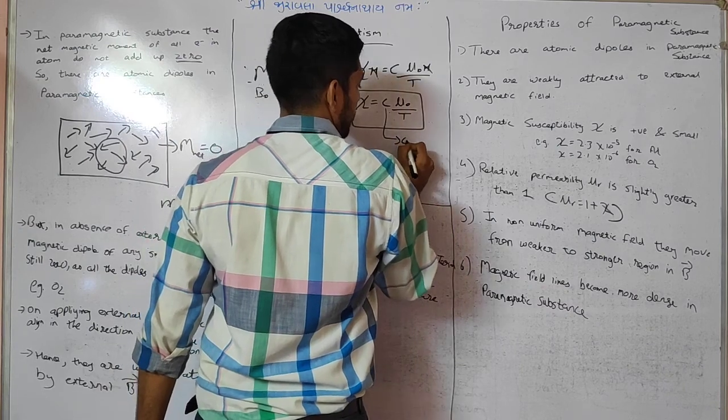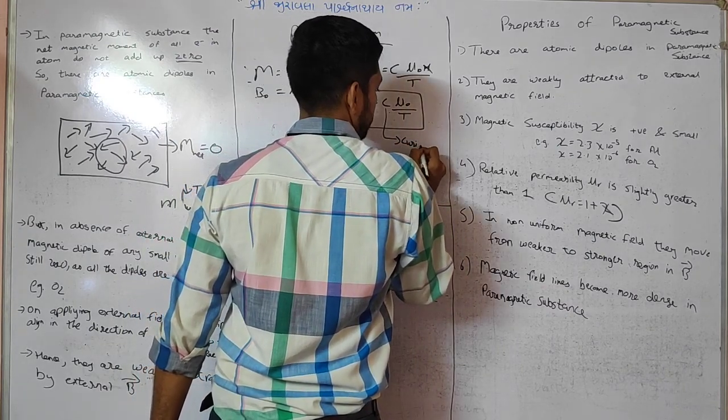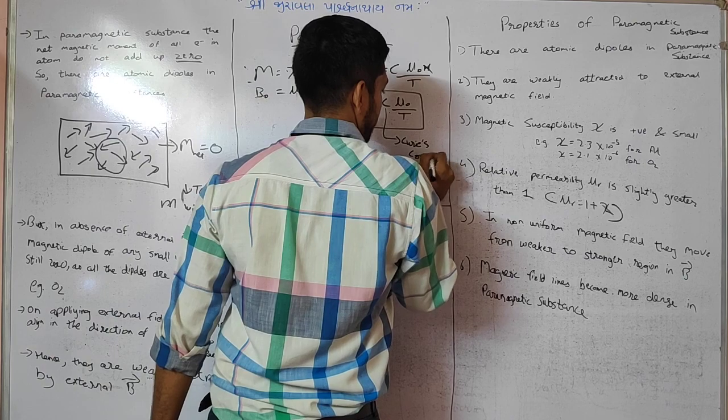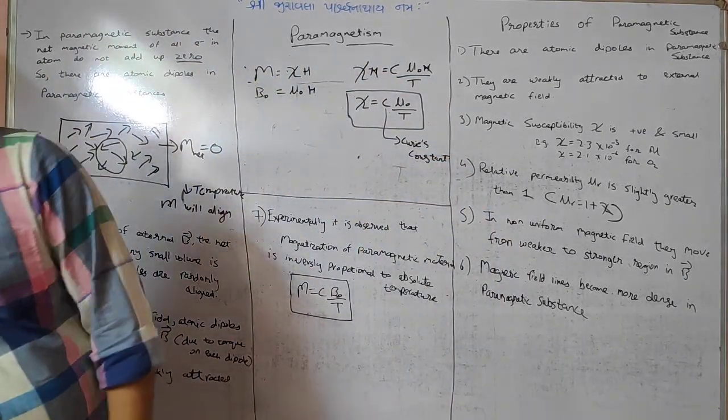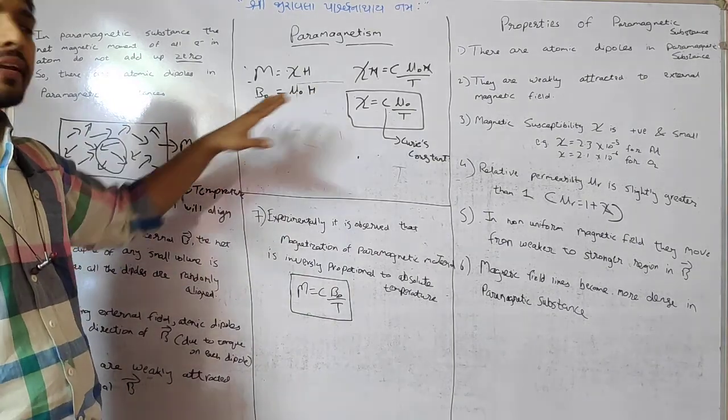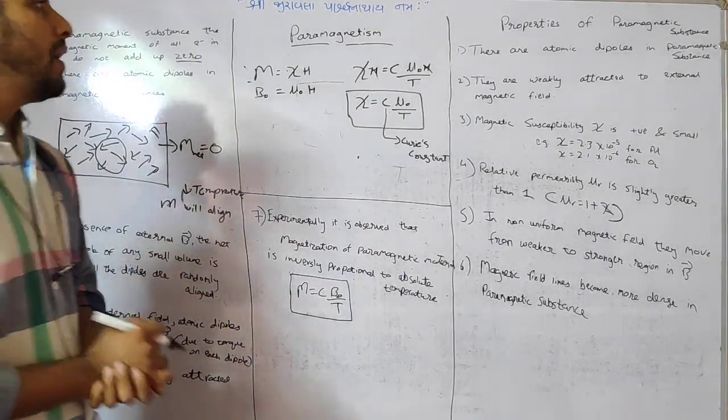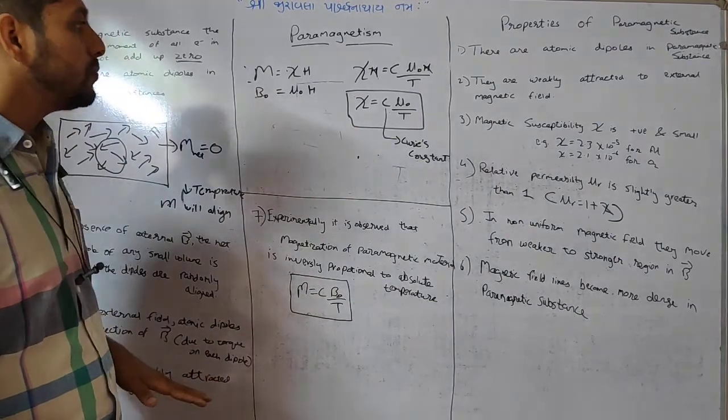And this is Curie's constant. This is for paramagnetic material only. I hope this much portion is very clear to you.